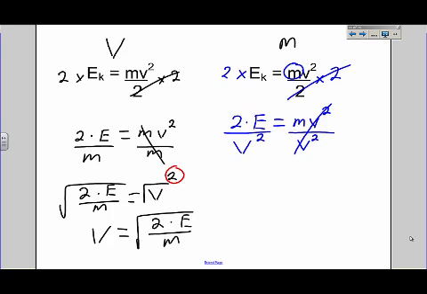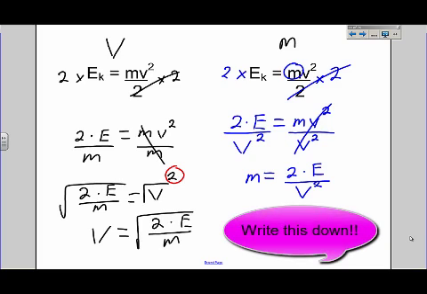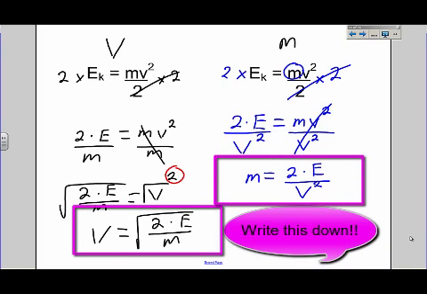What we do to one side, we must do to the other. And so we end up with mass equals 2 times your energy divided by speed squared. And again, please do your speed squared first, and then complete the 2 times energy divided by that answer. Now let's try it out on the next slide.